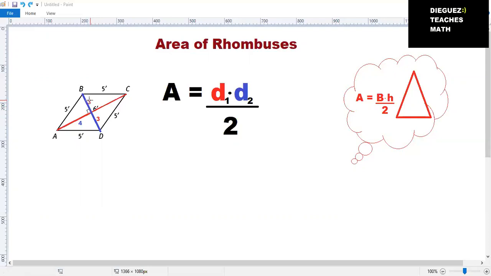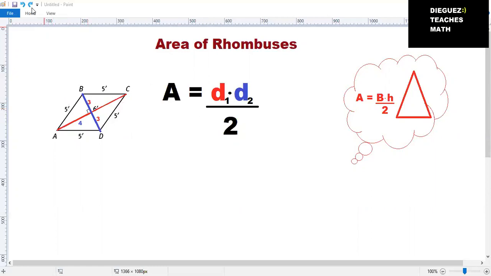So I was able to figure out that half of this other diagonal is going to be 4, because this is a right triangle, so I can use the Pythagorean theorem, and I can say, hey, 3, 4, 5 is that special Pythagorean triple that we use all the time.